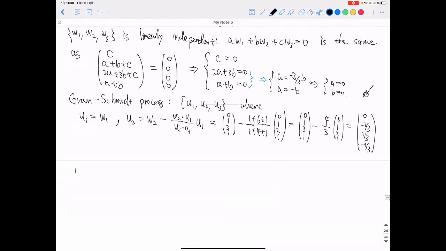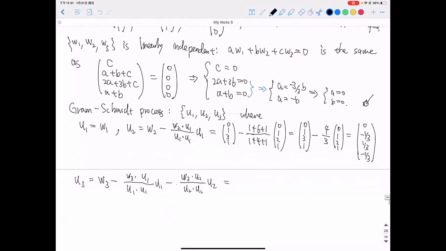Now for U3, it's by construction W3 minus some multiple of U1 minus some multiple of U2. And the multiples are W3 dot U1 over U1 dot U1, and W3 dot U2 over U2 dot U2. Now we can compute.